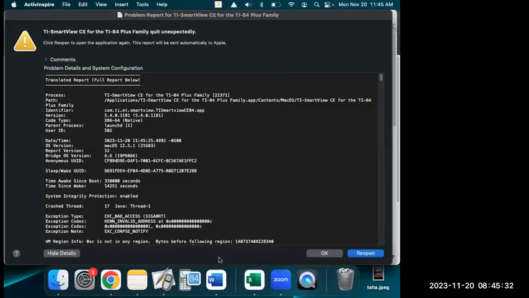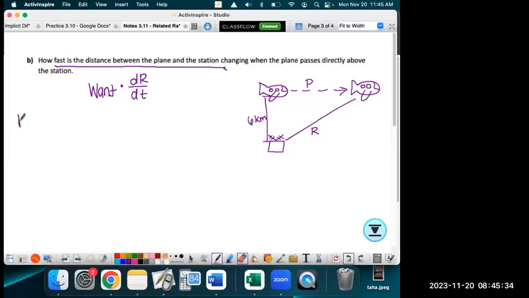So from part A, we have the derivative 2p p prime equals 2r r prime.